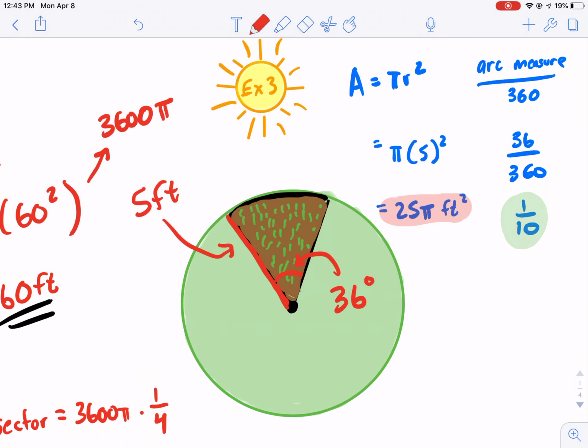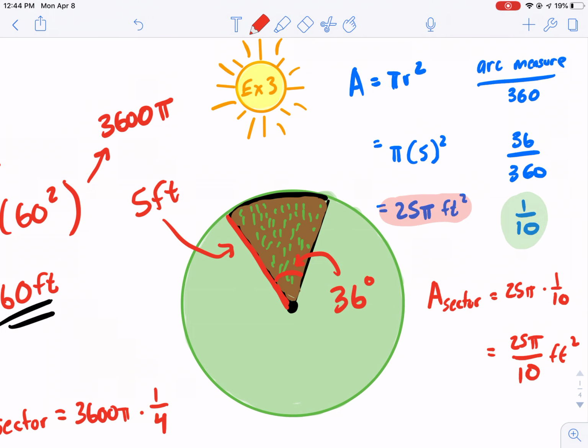The area of the sector is equal to 25 pi times 1 over 10, or we could write that as 25 pi over 10 feet squared. So that's that. Not too complicated. Just leave it like that.